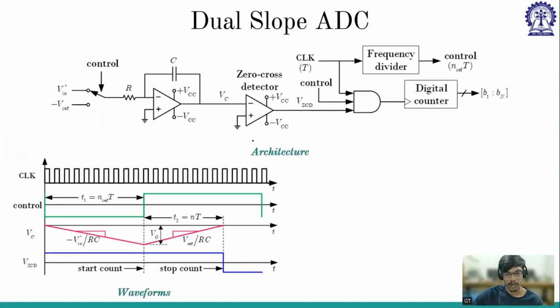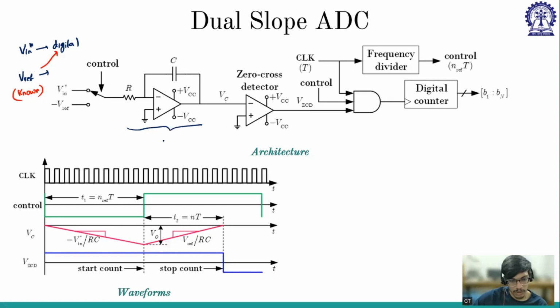So coming to the dual slope ADC. Forget about the circuit; what exactly is happening is there are two voltages. Our Vin star should be converted into the digital domain. So we are considering another known reference. This V reference is known. So we are using this V reference to find this value. How are we doing that? The first thing is this is an integrator circuit.